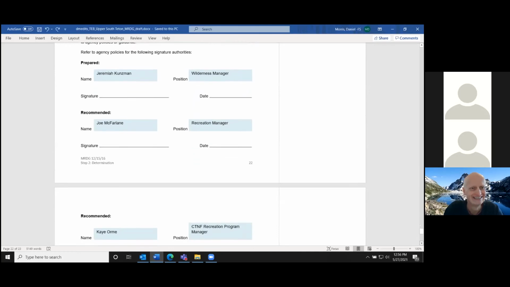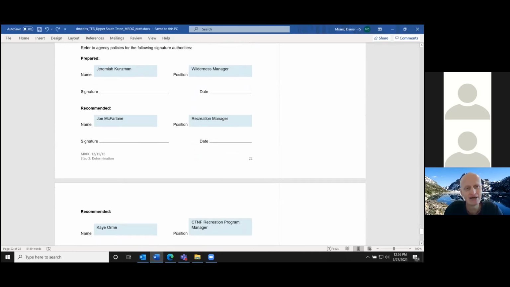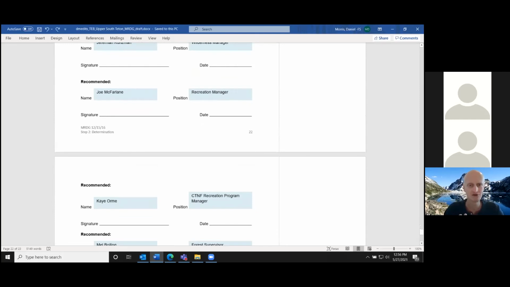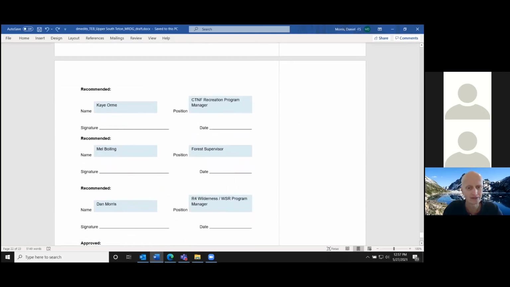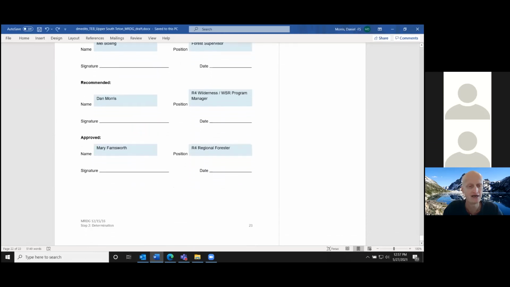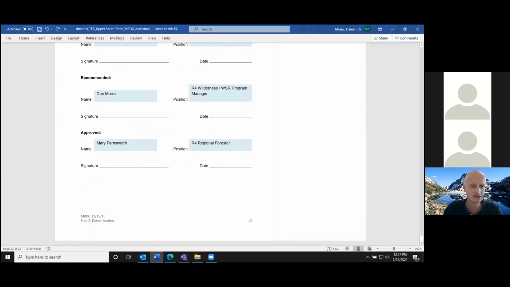And then the recommended section for us, the bare minimum is recommended by the forest supervisor and myself. You can put other folks in here if you want. And then the approval is the regional forester.